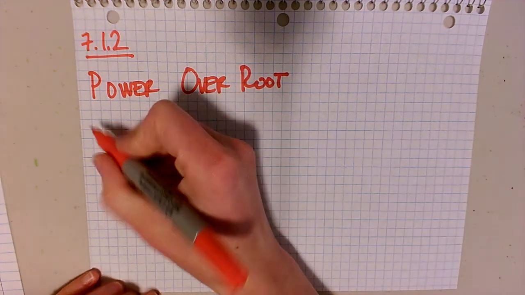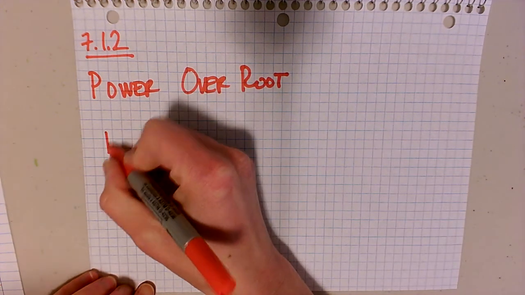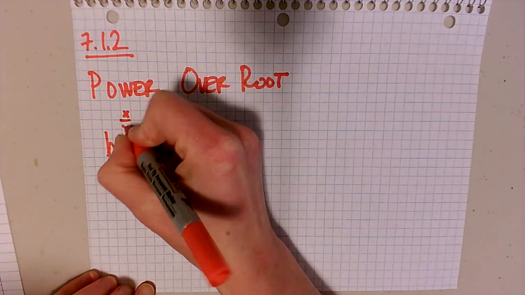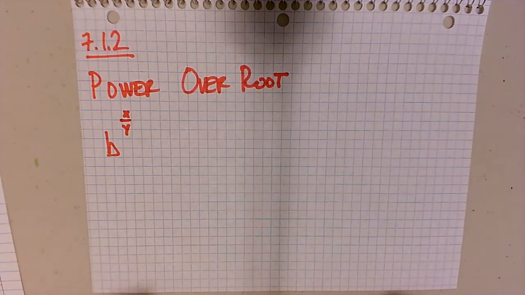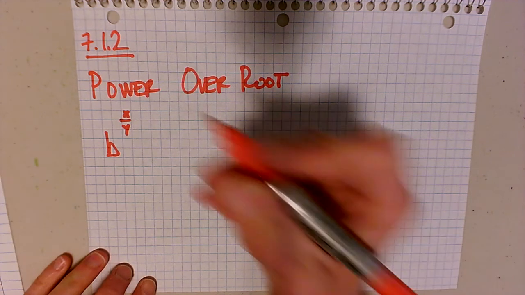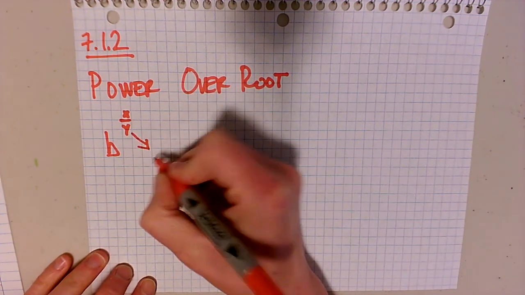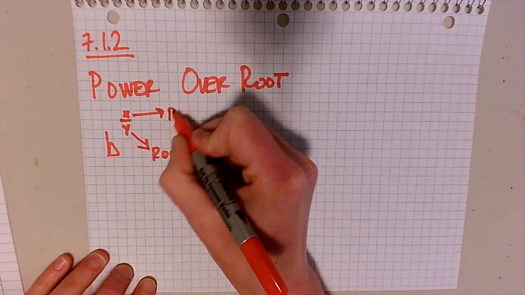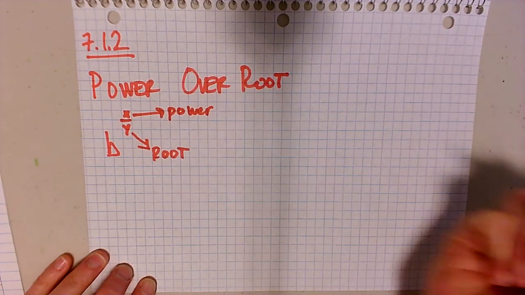Let's say we have a base of b raised to an exponent of x over y. Y is your root and x is your power.